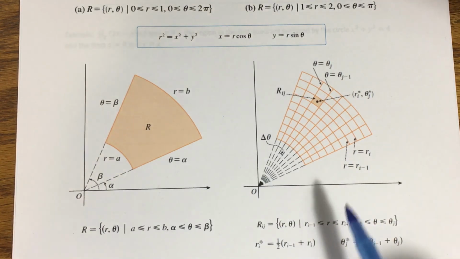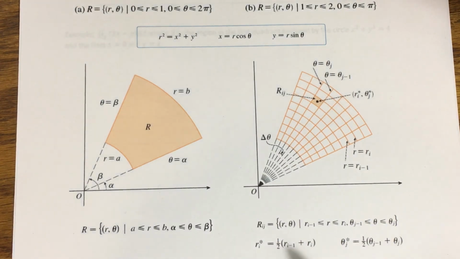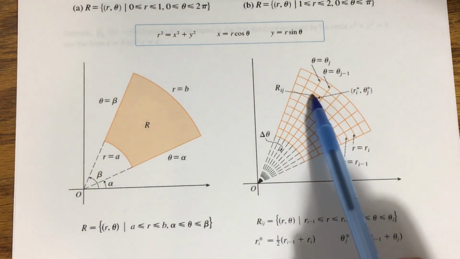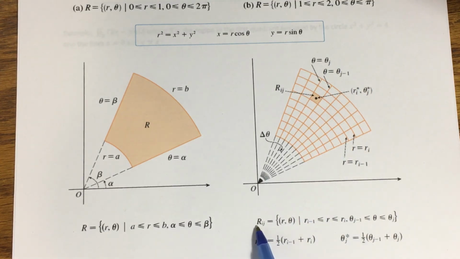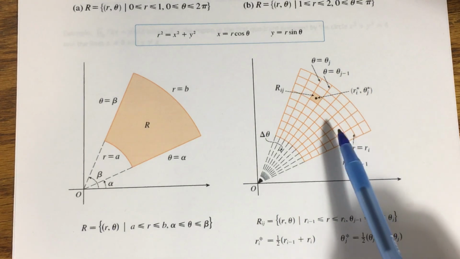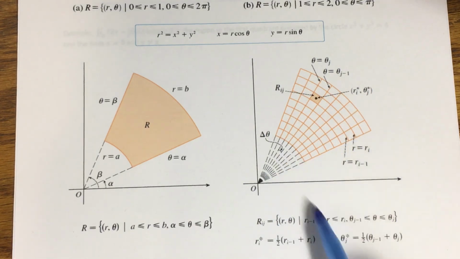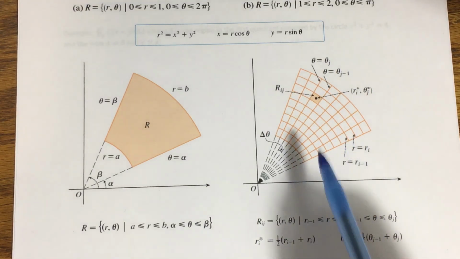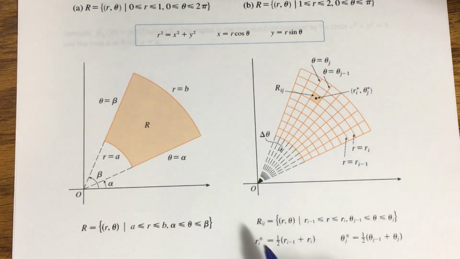Okay, so now we need to try and create some kind of a Riemann sum out of this. So here's the notation I'm going to be using. Any one of these particular polar rectangles I'm going to call Rij, where i corresponds to which subinterval for my r I'm using, and the j corresponds to which subinterval for the theta I'm using. So here's one particular Rij that was selected, this polar rectangle right here.